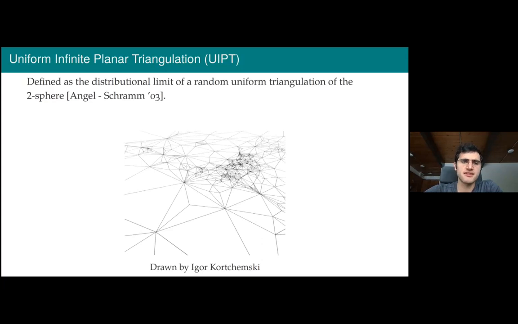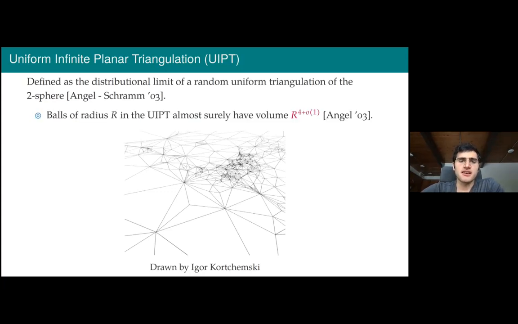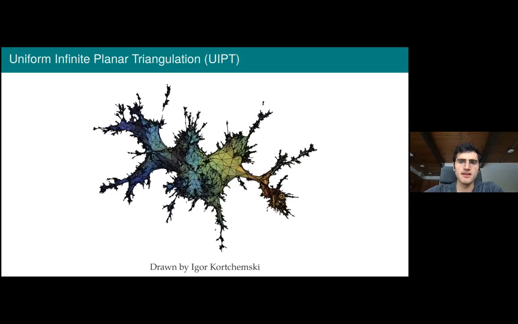In 2003, Angel and Schramm defined them and showed that this sequence has a limit. It was further proved by Angel that the balls of radius r in this graph have volume r to the 4 up to some log factors. So here's some drawing of the UIPT, after finitely many steps, of course.